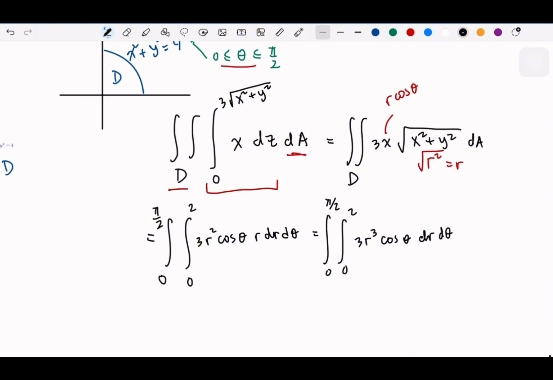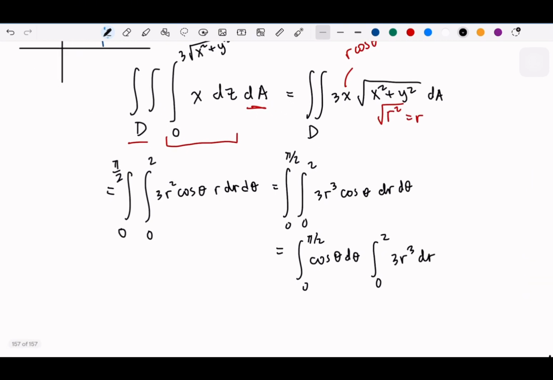Basically we can separate these two, and then the r part will be 3r cubed, and the cosine theta will be sine from 0 to pi over 2.